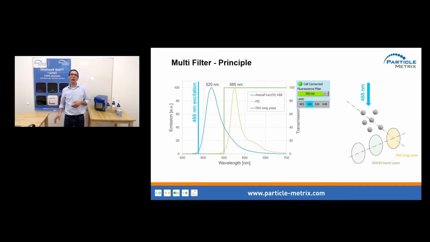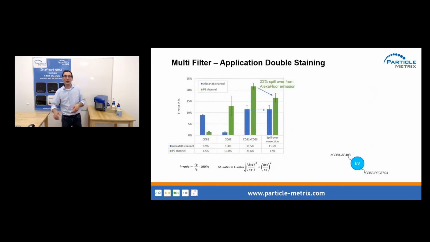And if you switch between the filters, you now have a cutoff filter at 550 nanometers, which gets only the signal from the PE. Of course, the Alexa is also spilling a bit into it, and this has to be corrected. And this is the result we are getting if we do the single stains with CD81.